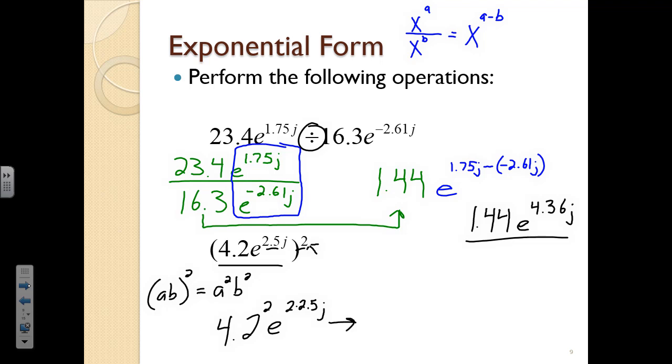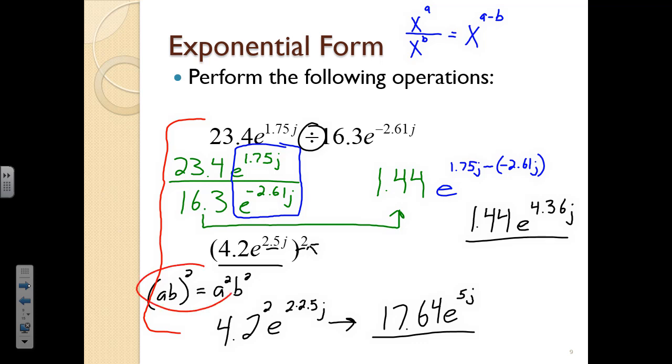And if you clean that up, 4.2 squared is 17.64. e to the 2 times 2.5 is 5j. And we've got this done. So that's one of the advantages of complex numbers being in exponential form, is it's very easy to combine them mathematically because we know all these powers of exponents that we've established a long time ago and been using for quite a while.